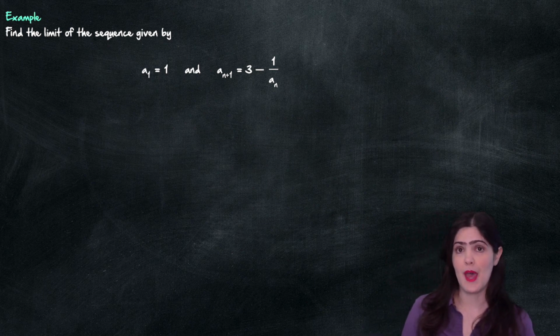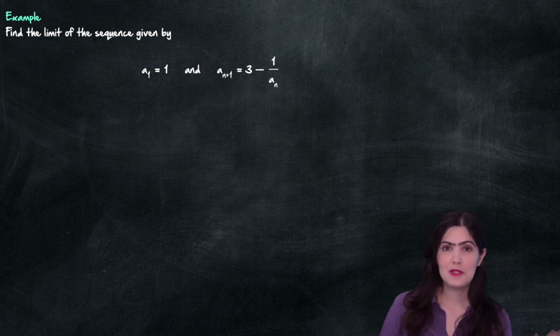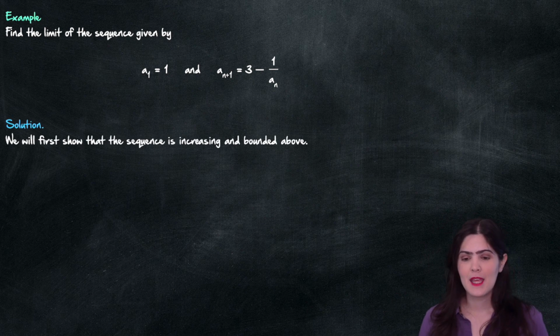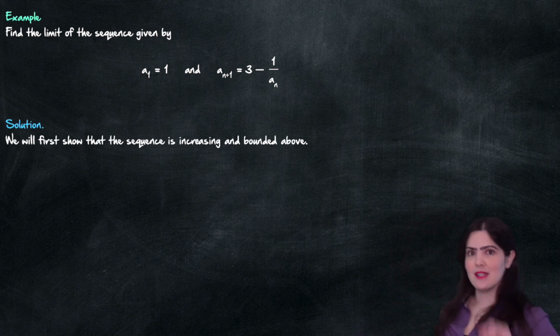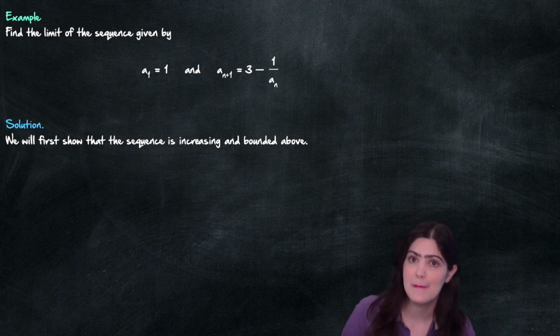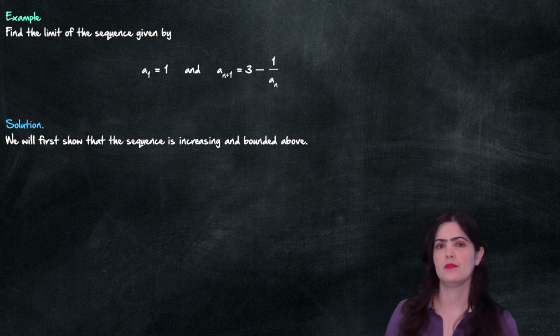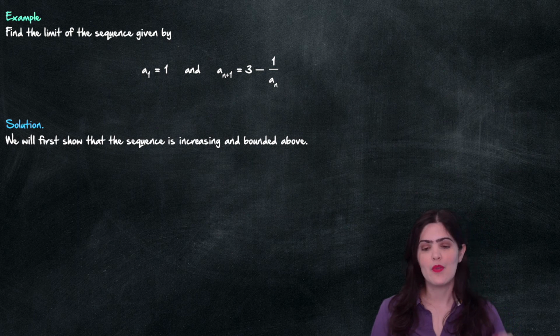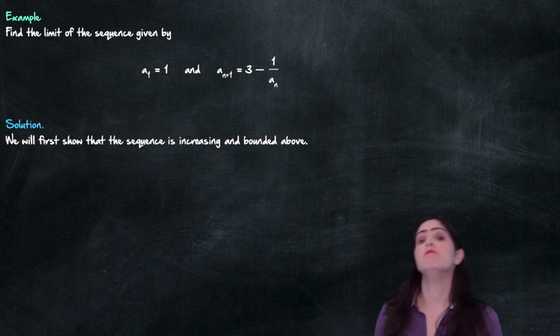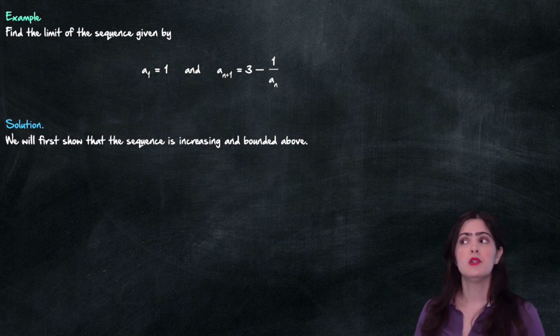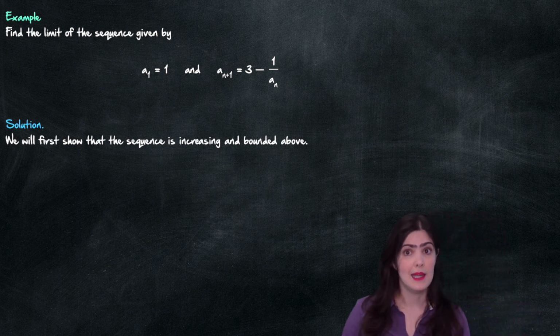I invite you to do that. But if you want to just continue watching, let's do that. We're going to show that the sequence is increasing and bounded above. So I'm going to first show that it's increasing, then I'm going to show that it's bounded above, and then we're going to use the monotone convergence theorem to conclude that the sequence has a limit.